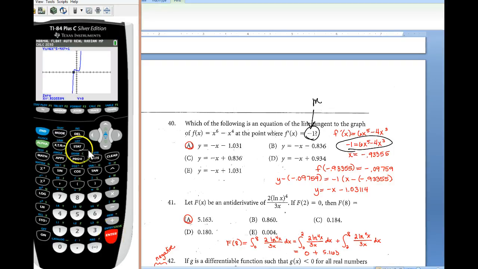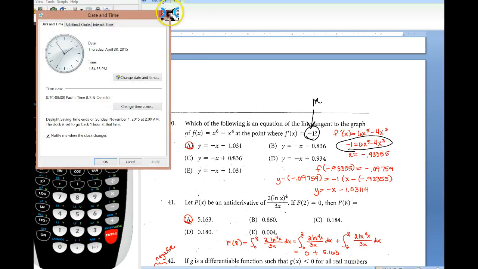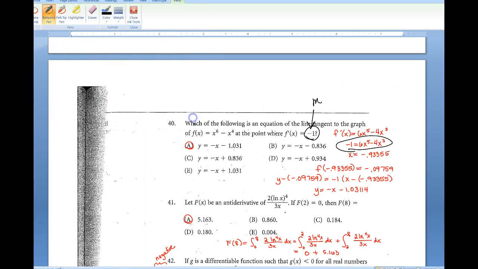Because you want to solve for x. Basically, what they gave us was the slope, and what we needed to do was find the point of tangency.